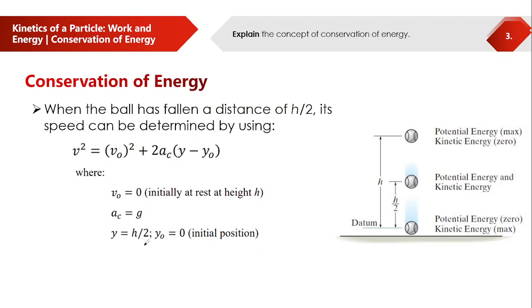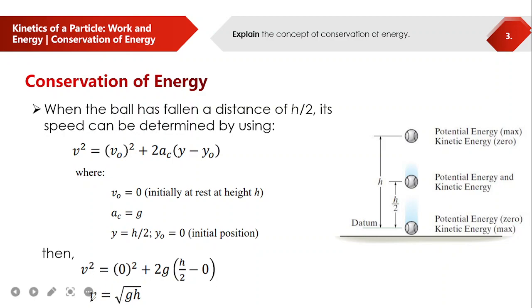So y is equal to h over 2 and y sub o, the initial position, is 0. Okay? So yung v squared is equal to 0 squared plus 2g times h over 2, minus 0. So ito yung matitira mo, gh, or square root of gh, so that you can have your v. Okay? So that will be v is equal to square root of gh.